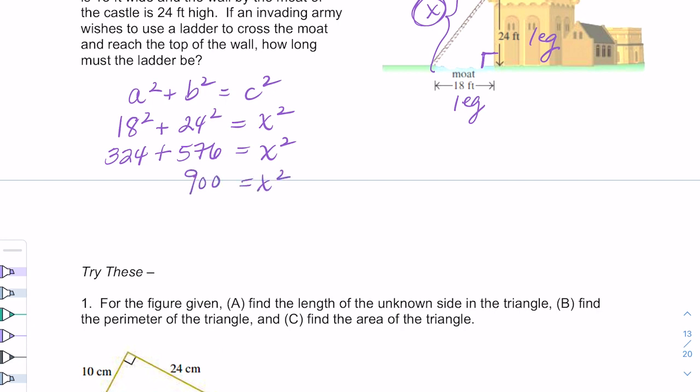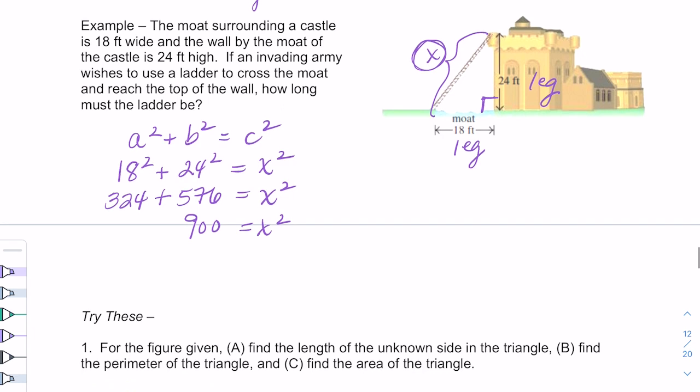So now I need x, but I have x squared. So to undo a square, we're going to take the square root. Most calculators have a square root button. Depending on what calculator you use, you may have to hit the 900 and then the square root button.